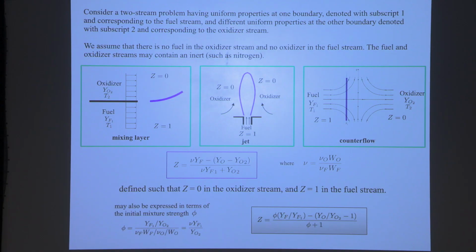If you define phi, clearly you see that there is a ratio here, so you have to divide by YO2, both numerator and denominator, so you get phi plus 1, and simple algebra gives you that form as well. I don't know if I'll use this or this, but they are related. So that's the definition of Z.